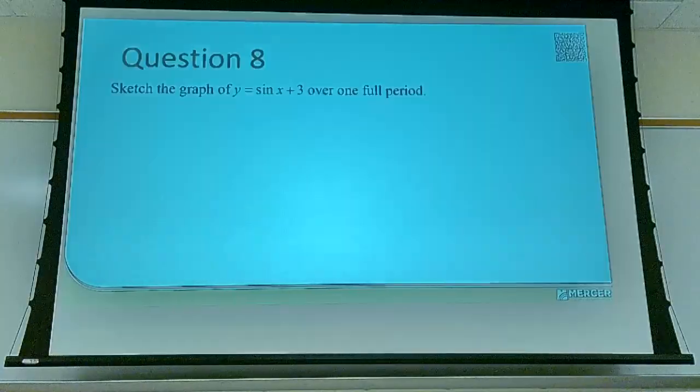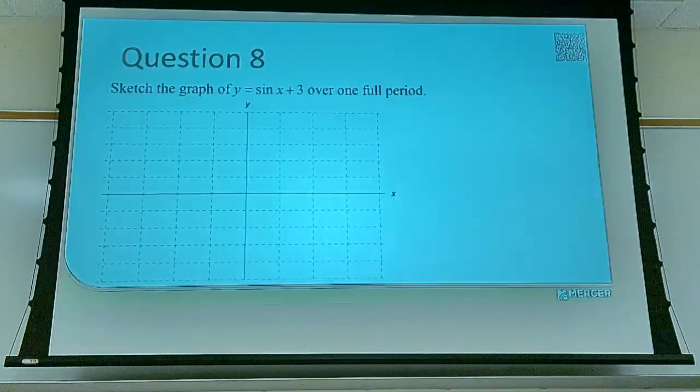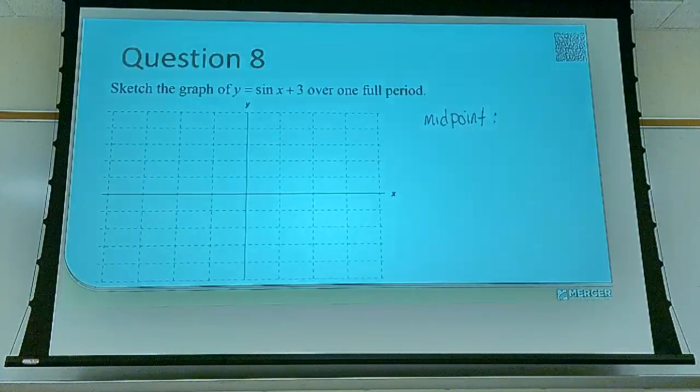Okay, sine of x plus 3, back to sinusoidal, which means we have a midpoint. 0. Not for this one. 3. This one's going to be 3.